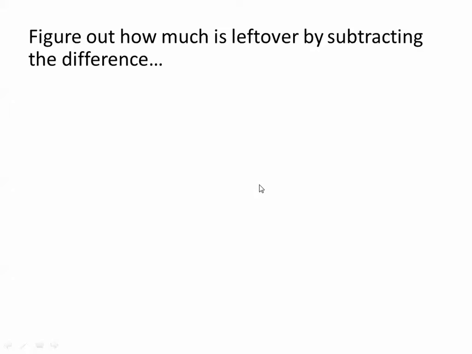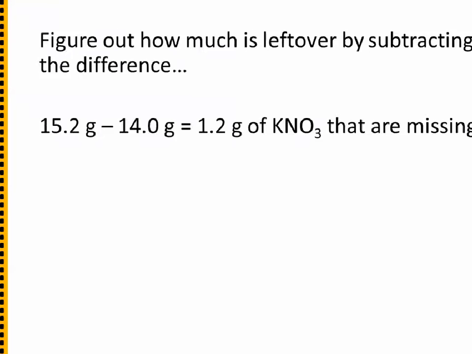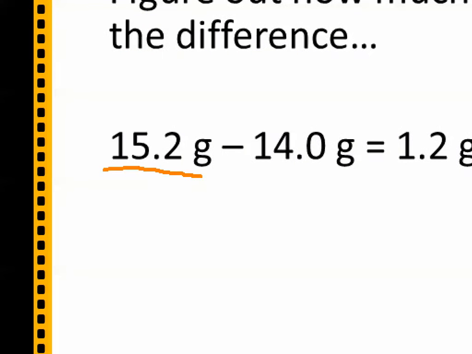So for our last page, we need to figure out the second part of the question, which said figure out how much is left over. And what we're going to do here is subtract the difference. So we're going to take our numbers from the previous question, and that is the 15.2 grams. This was how much KNO3 was required, and this is how much is actually there.